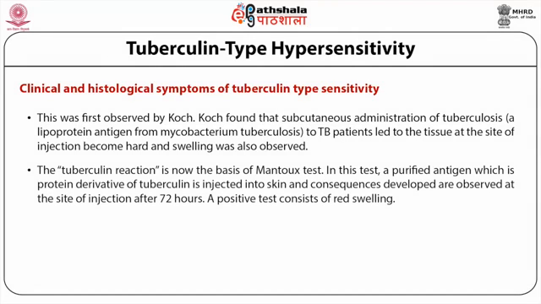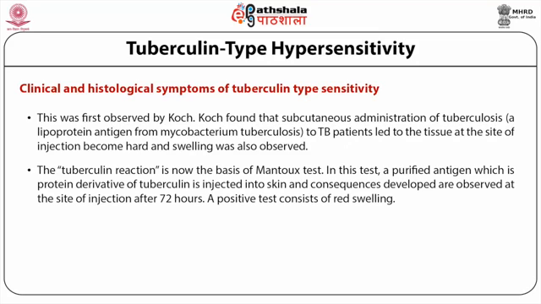The tuberculin reaction is now the basis of the Mantoux test. In this test, a purified antigen, which is a protein derivative of tuberculin, is injected into the skin, and the consequences developed thereby are observed at the site of injection after 72 hours.